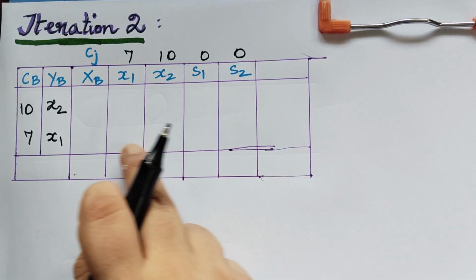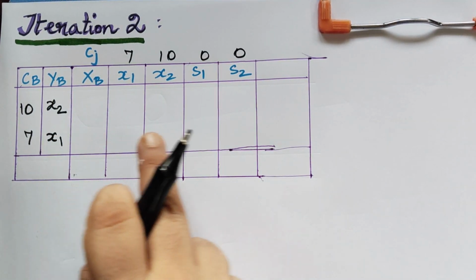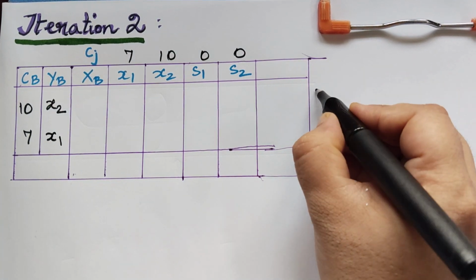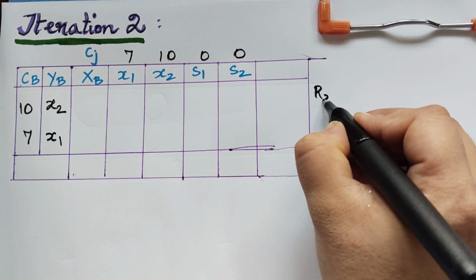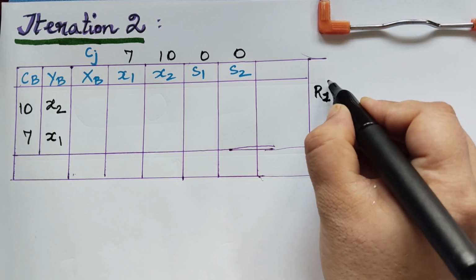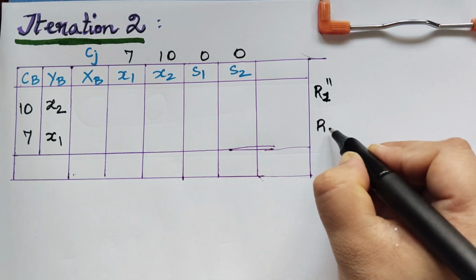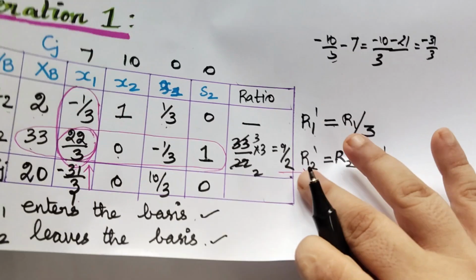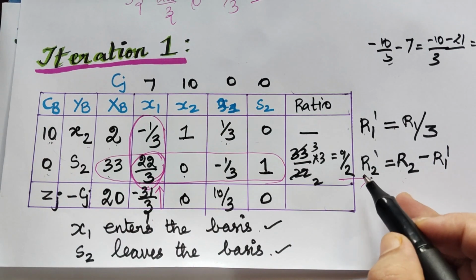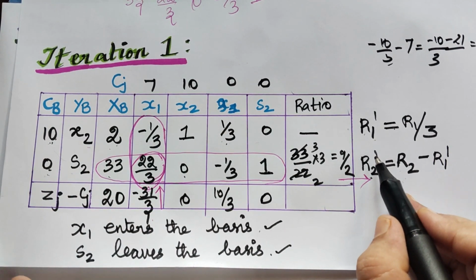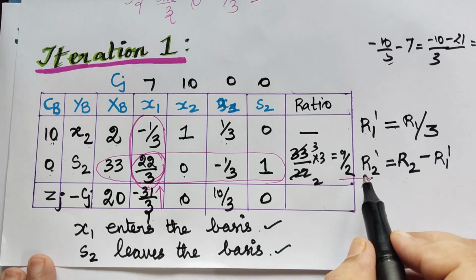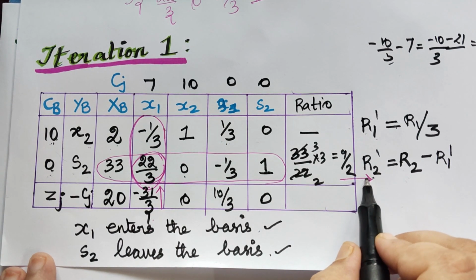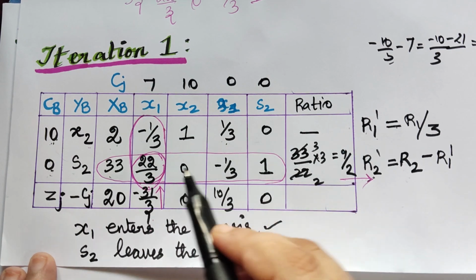Now we have to find the remaining elements by using the row operations. So if we take this as row 1 double dash and this row as row 2 double dash. Now first we have to see what was the pivotal row over here. Row 2 dash was the pivotal equation. Now we know that the new pivotal equation will be equal to the old pivotal equation divided by the pivotal element.